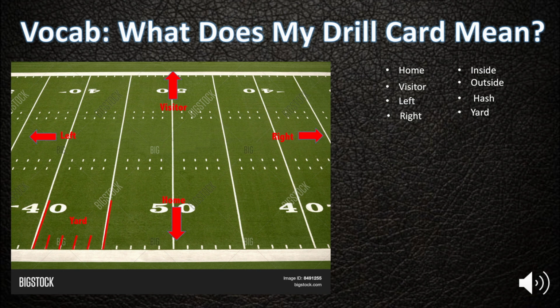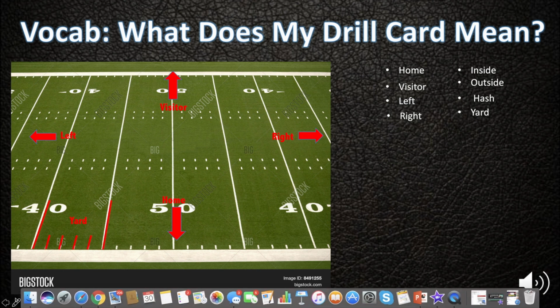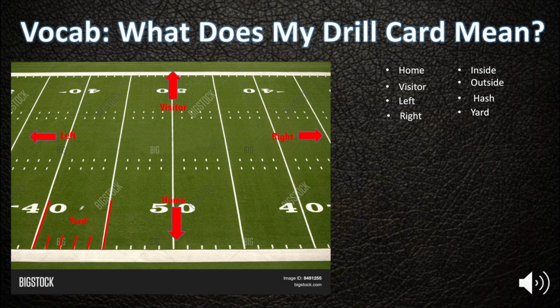So next we're going to talk about how the football field is measured. As many of you may know, it is measured in terms of yards. Each of these larger slash marks right here represents 5 yards. And then for every 10th yard line, you'll see a marking with what yard line you're on.